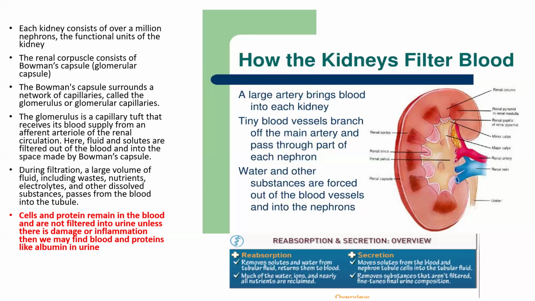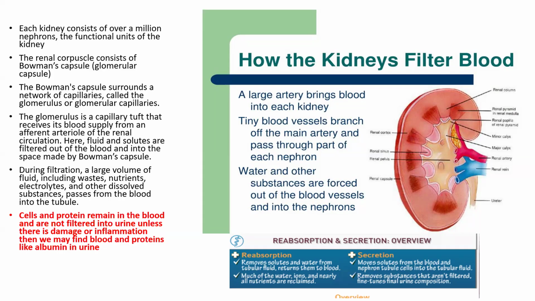And the fluid, the solutes, are going to be filtered out of that blood and into the space made by that Bowman's capsule. So during that filtration process, we'll have a large volume of fluid, waste, nutrients, and electrolytes that will pass from the blood into the tubule. And there, the body is going to decide what to keep, what to throw away.